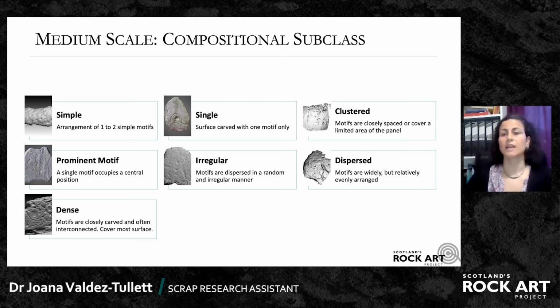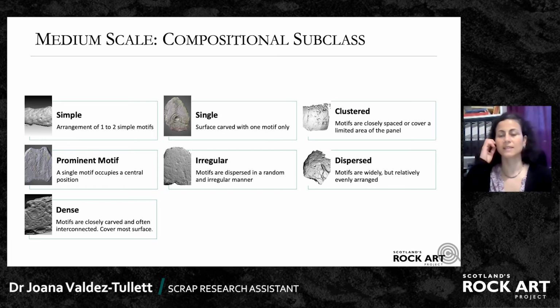So the medium scale of analysis also looks at the spatial organization and distribution of the carvings on the rock surface, classifying the panels into 7 different variants, from rocks carved with one single motif to very dense compositions, irregular patterns, or distributions organized around one more prominent image.